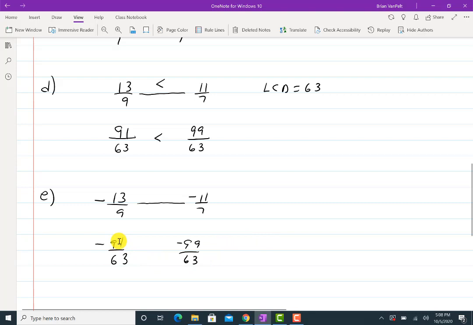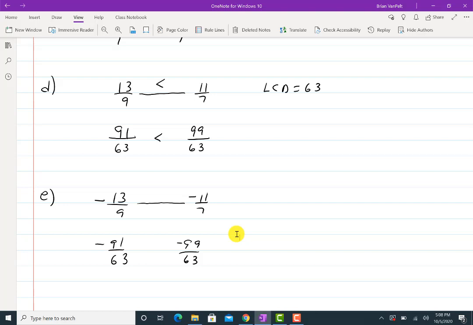While it is true that 91 over 63 is less than 99 over 63, when you're dealing with negative numbers, the order is the opposite way. For example, negative 2 is less than negative 1. Negative 5 is less than negative 3, for example. Negative 8 is greater than negative 10.